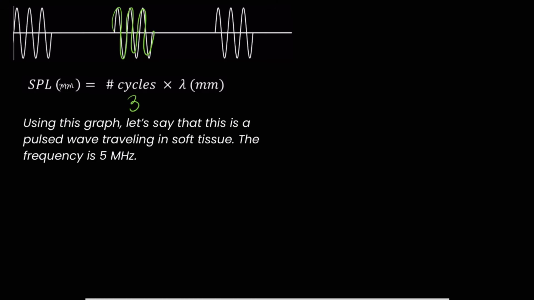If you recall back to our Unit 3 formulas, we know that wavelength is equal to propagation speed divided by frequency. And because this is in soft tissue, we can expand that to be wavelength equal to 1.54 millimeters per microsecond divided by the frequency in megahertz.